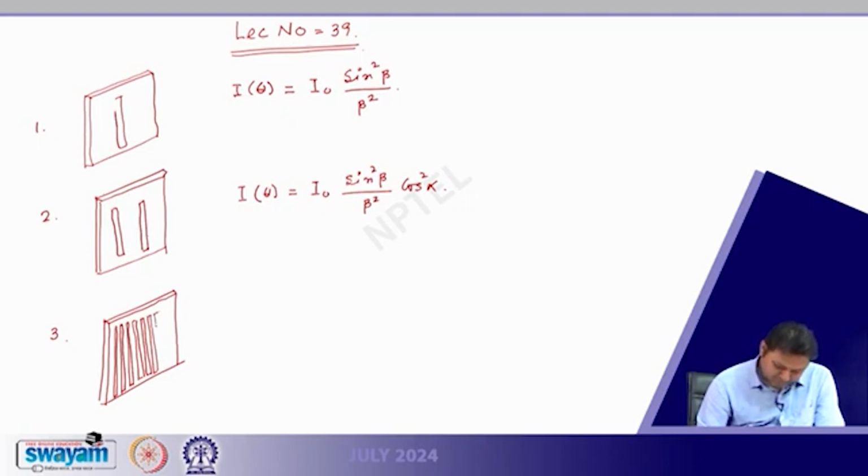Multiple number of slits are there. For this we calculate I of theta. The most general form that one can have is this.